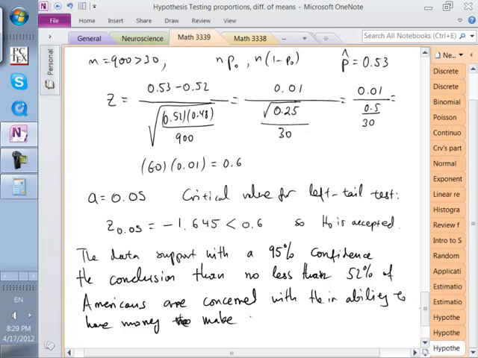Are concerned, very or somewhat concerned actually, about having money to make their mortgage payments, and so on.